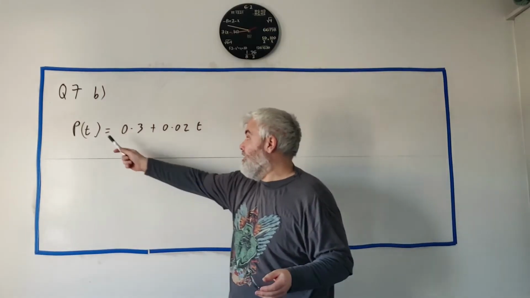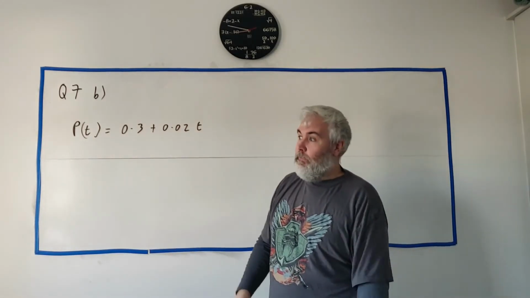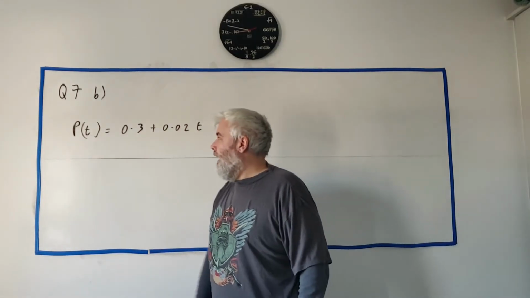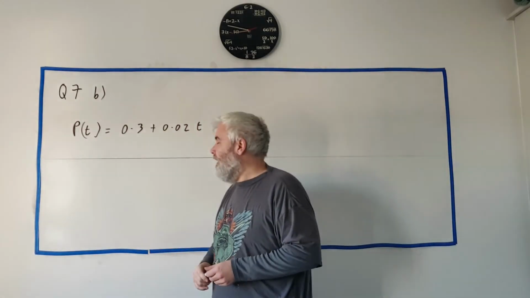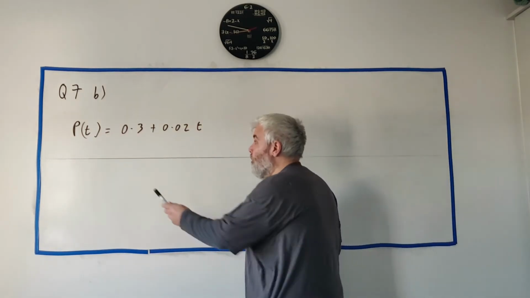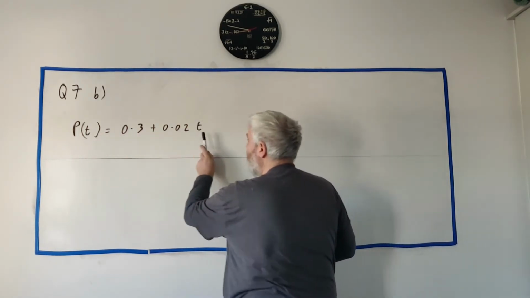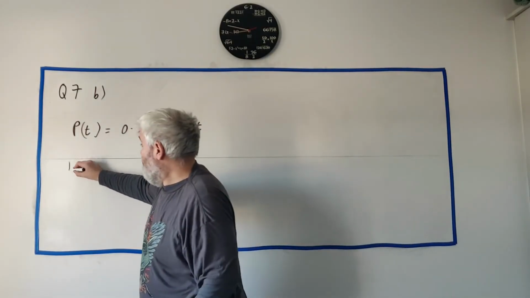So at midnight T is 0, at 1 in the morning T is 1, at 9 in the morning it's 9, at 5 in the evening it's 17, and at the next midnight it's 24. If we put those numbers in, changing T here and here, we'll find the probability that it rains. So that's what they're going to ask us to do.